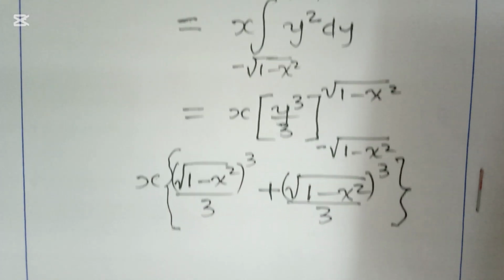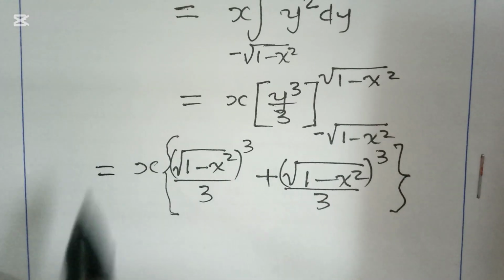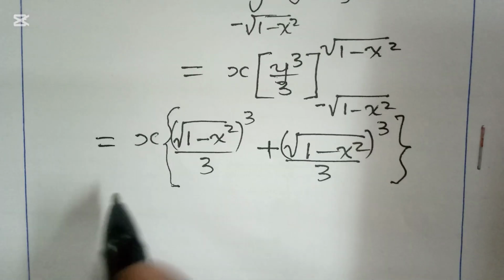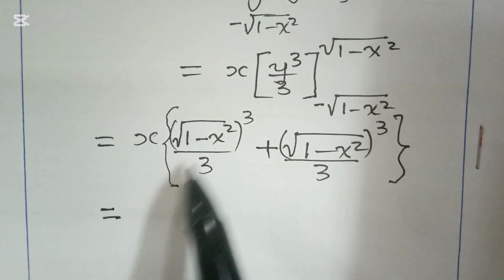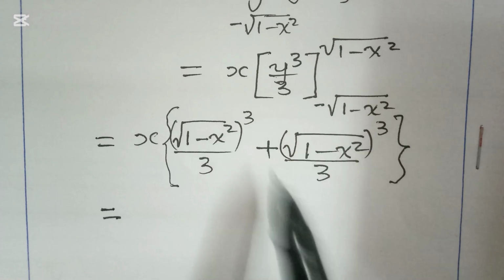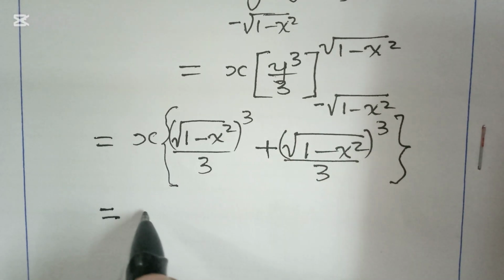From there we can say this is equal to, these two are the same, so we can write 2x.